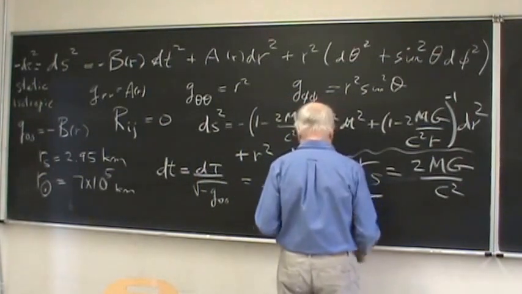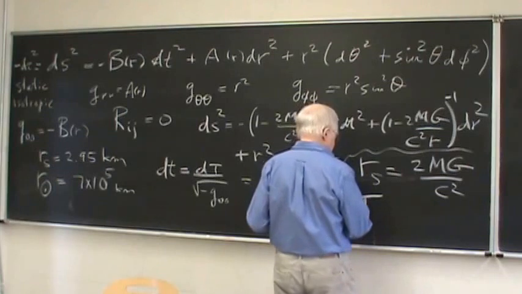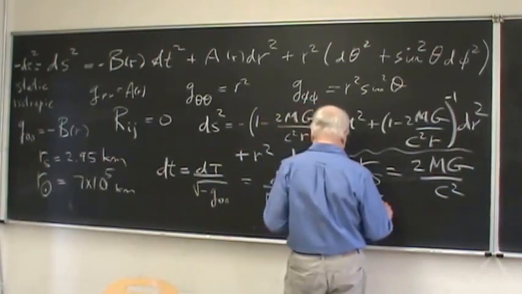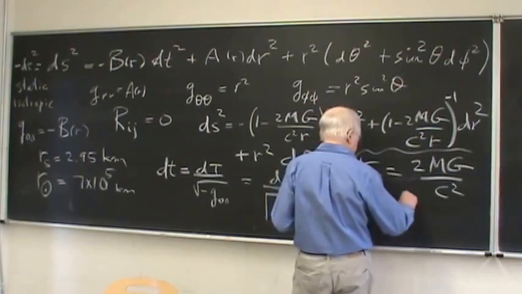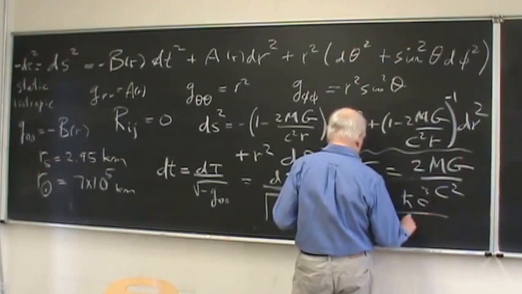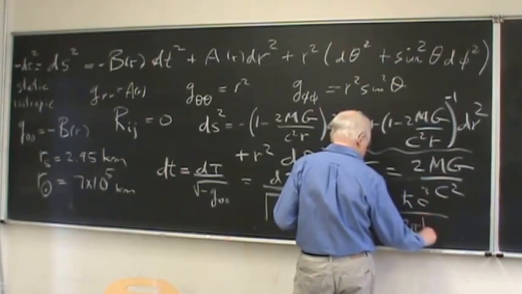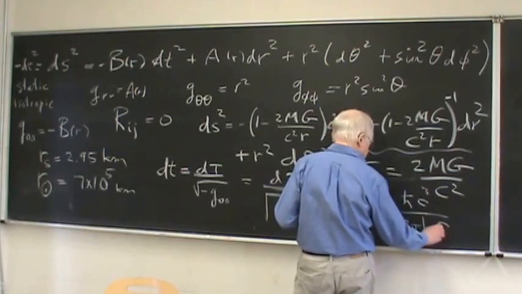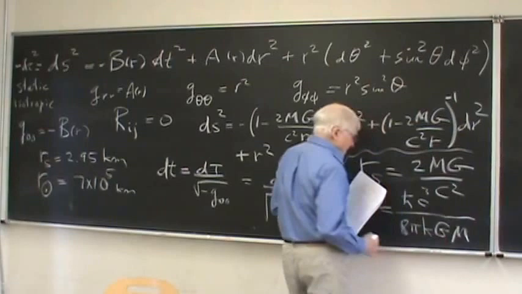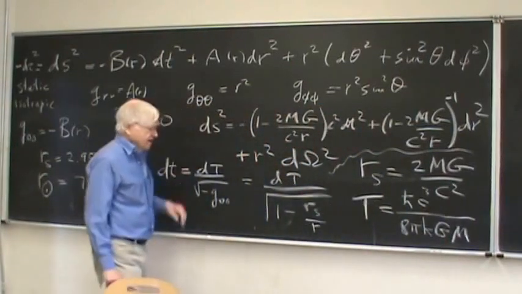And the lifetime of the black hole, so this T is not the energy momentum scalar, it's the lifetime of the black hole. And it's a curious number. It's h bar c cubed over 8 pi, Boltzmann's constant, Newton's constant, and then the mass of the black hole.